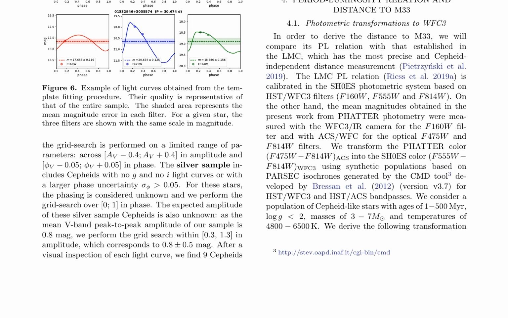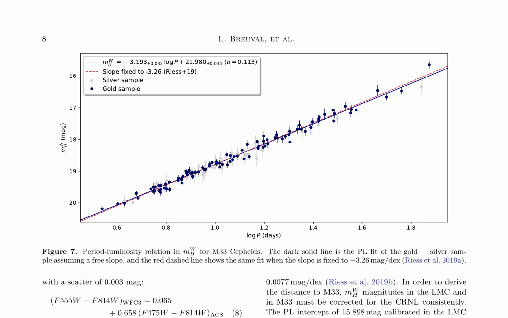The paper also addresses the issue of count-rate nonlinearity correction, CRNL, which affects the WFC3 IR instrument. A correction of 0.0077 mag per dex is applied to both LMC and M33 Cepheids to ensure consistency. Additionally, a geometric correction is applied to account for the position of each Cepheid relative to the center of M33.